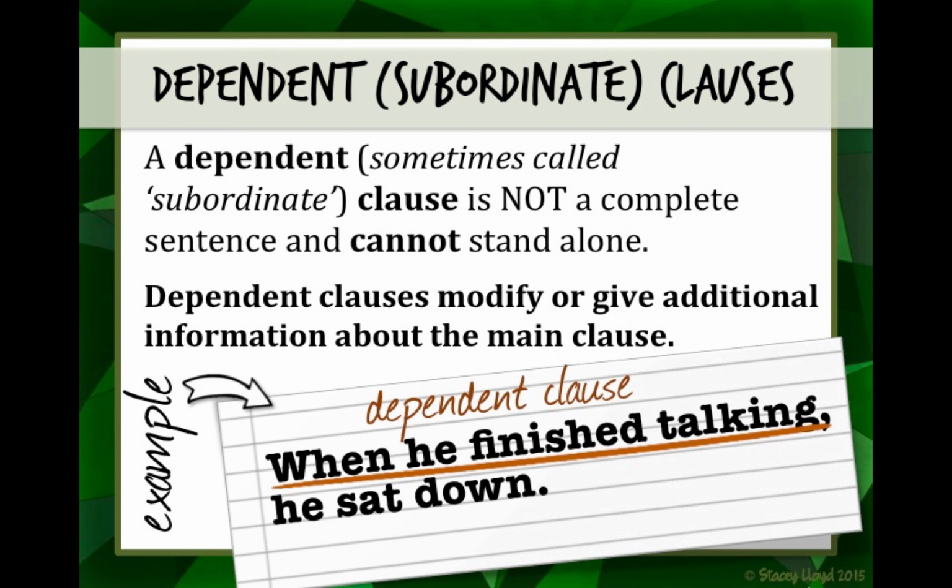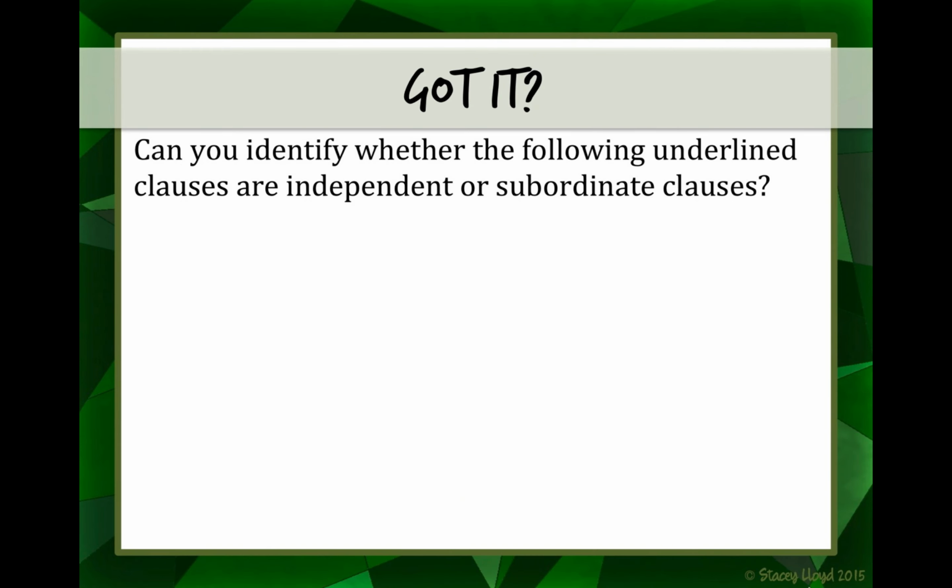Can that stand by itself? No. I have to have additional information about that to make it an independent clause, to make it a full sentence. So I have to add something else. And so what did I add? He sat down.